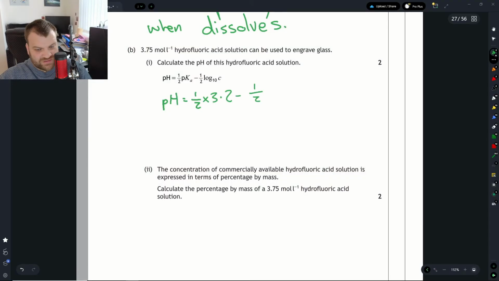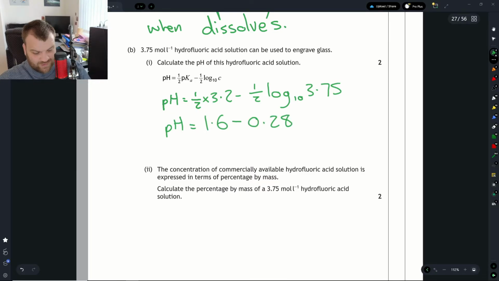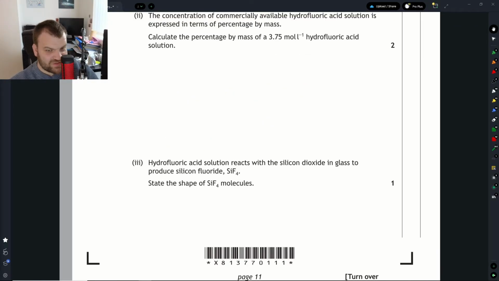That's minus half of log to the base 10 of 3.75. pH therefore equals, that'll be 1.6, minus 0.287, and that gives us a final answer of 1.31 as our pH.